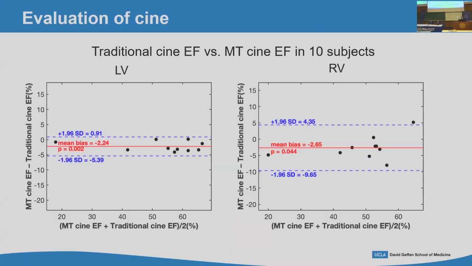And we evaluated our multitasking cine by comparing it to traditional two-phase cine, and we calculated ejection fraction in 10 subjects. These two figures show the Bland-Altman plots for LVEF and RVEF respectively. So they both show a mean bias of less than 5%.